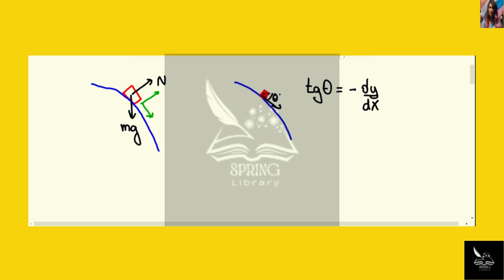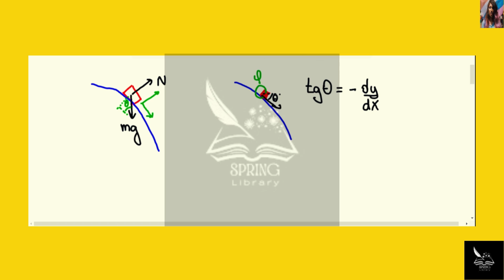The minus is there because the derivative of y with respect to x is equal to the tangent of this angle, the complementary angle, phi, and in order to find the tangent of theta, we need the minus sign. So this angle here is theta.